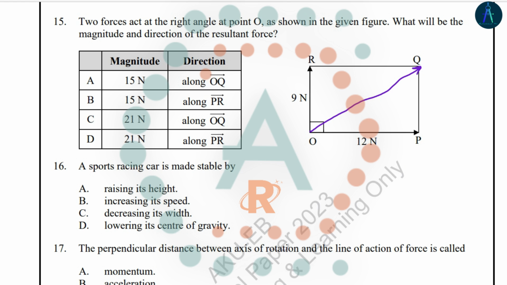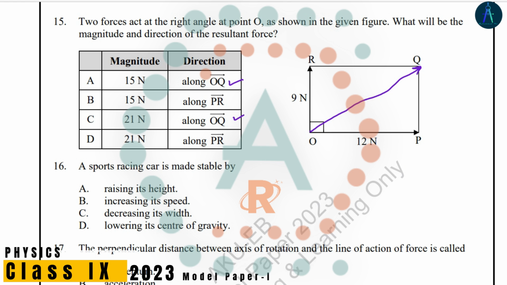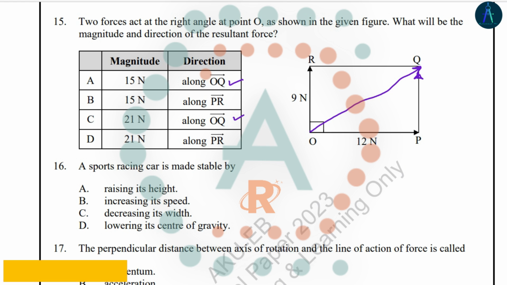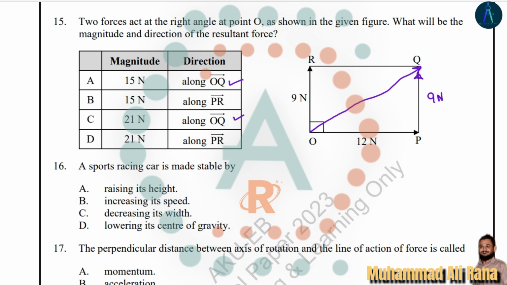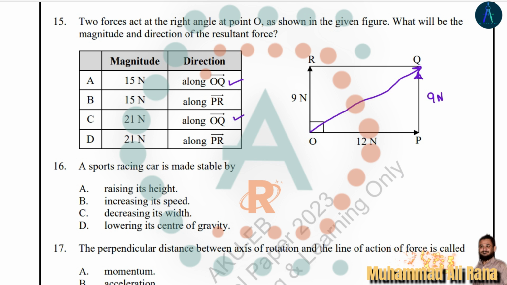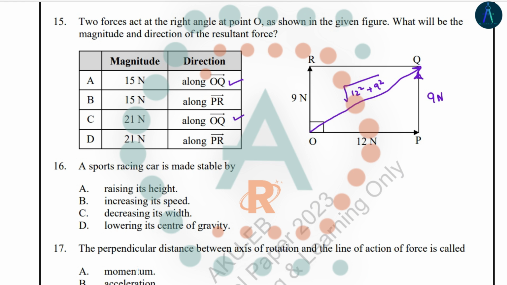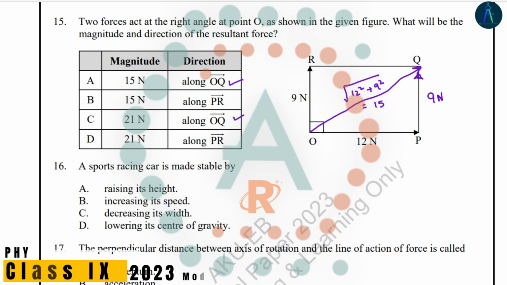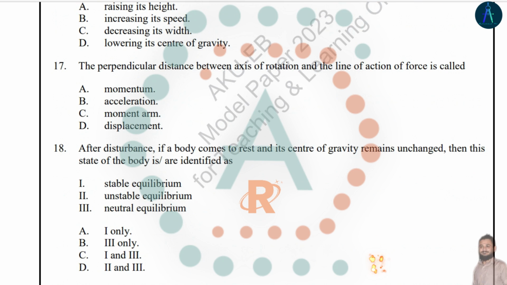So the direction will be along OQ, that is in option A and C. And according to the head to tail rule of vector addition, the opposite side of this parallelogram or rectangle will be the same, and we can find the side OQ by applying the Pythagoras theorem. So the square root of 12 square plus 9 square, this answer will become 15. In this way, we can mark option A as the right answer.